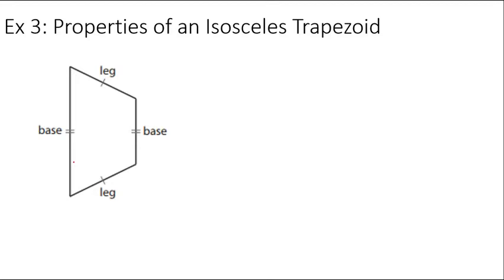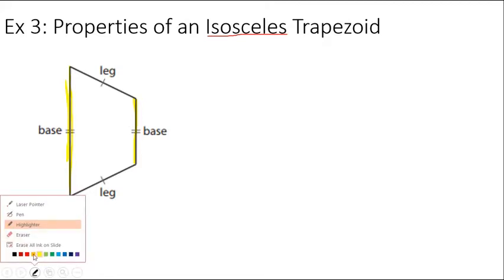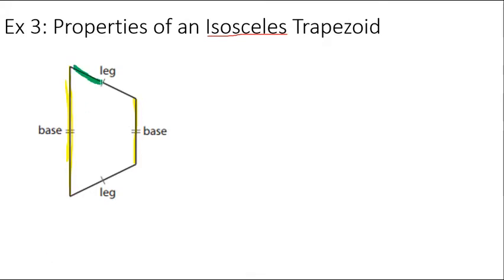Okay, next one's an isosceles trapezoid. So this one's still a trapezoid, but it has a few more properties to it. So again, it still has a base here, and then your two legs. Okay, these should be arrows like that.